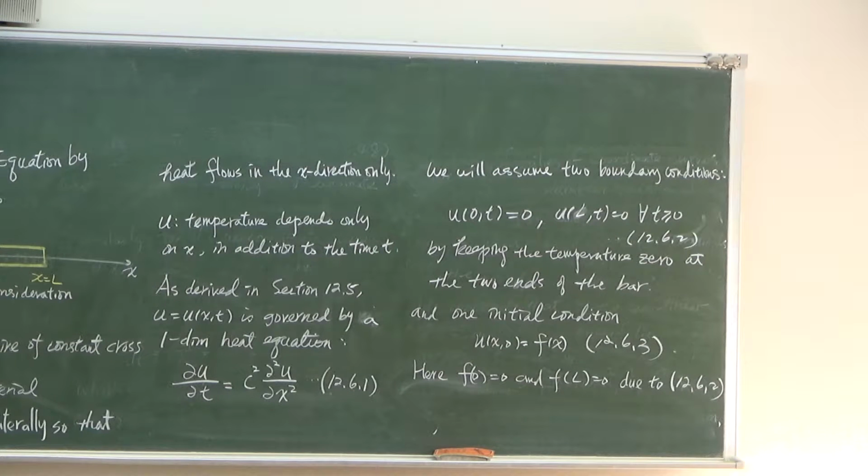All right, so that implies that 1 over c squared gt prime over gt is equal to 1 over f of x f double prime of x, which is equal to k. Okay.